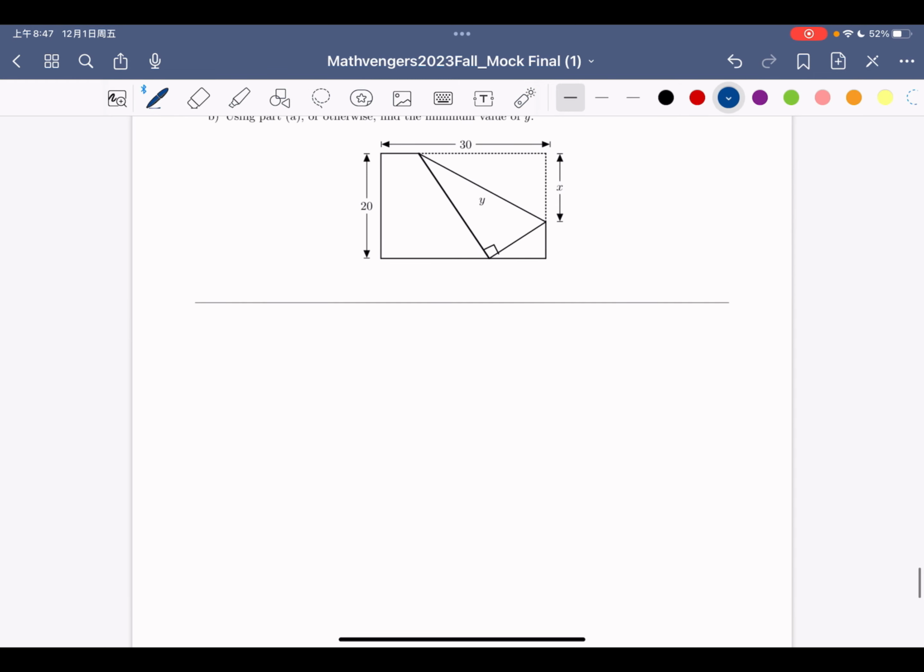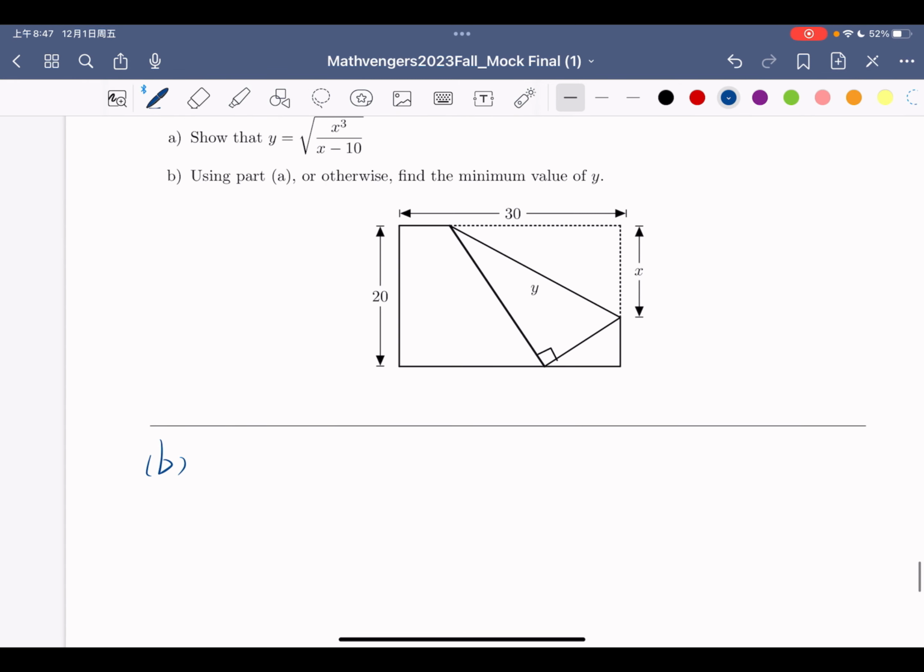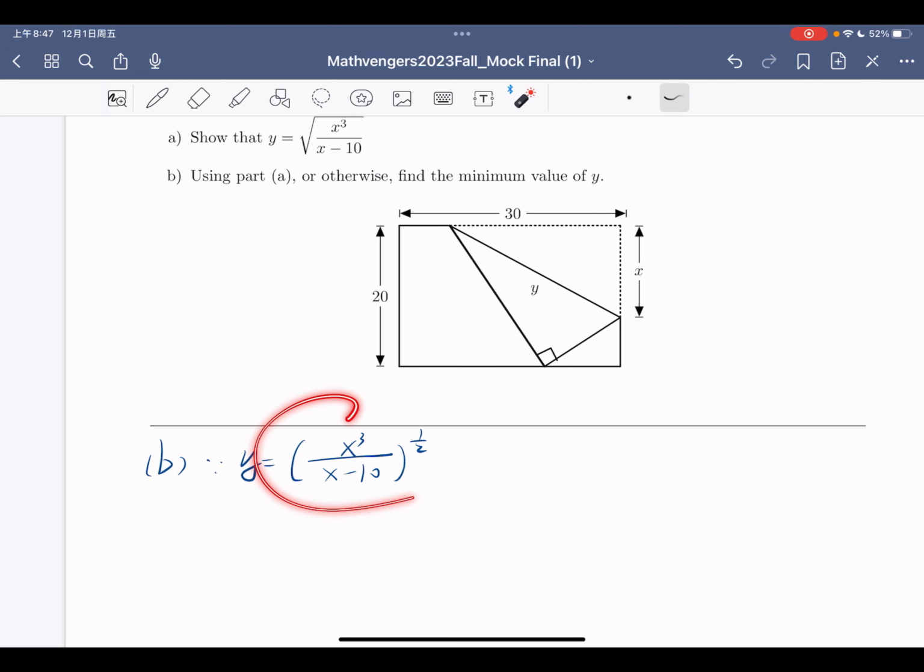So we write part B. Since we have y is equal to the square root, now I change the square root into this. Because if we write the bracket to the power of 1 over 2, it's easier for us to compute the derivative by using the chain rule.